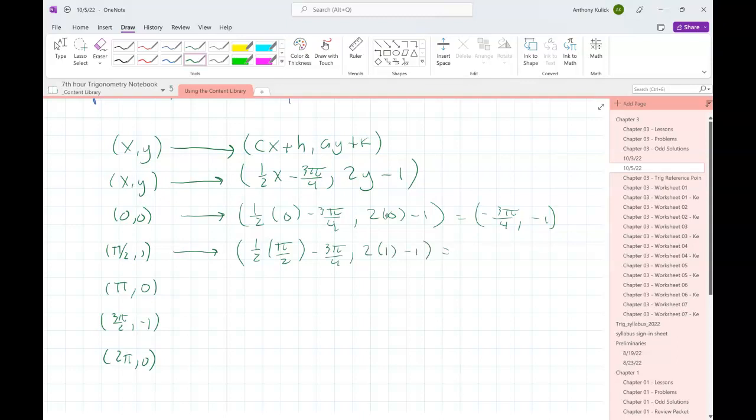One-half times pi over 2 is pi over 4. Pi over 4 minus 3 pi over 4 gives you negative 2 pi over 4. I'll write it that way, even though that's the same as negative 1/2 pi. And then 2 times 1 is 2, minus 1 is 1. Just kind of keep on going.